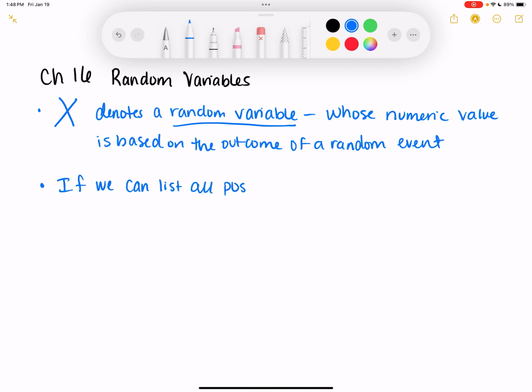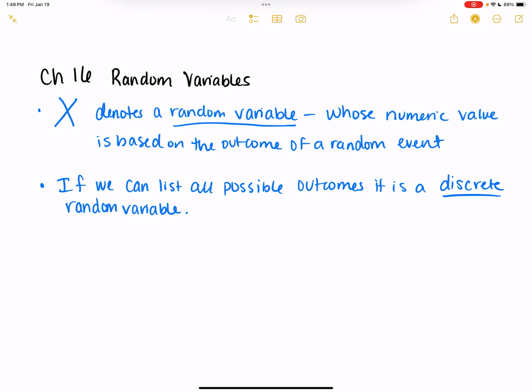If we can list all possible outcomes, it is a discrete random variable. Nathan missed my joke. I said it's a discrete random variable. It's not a secret.